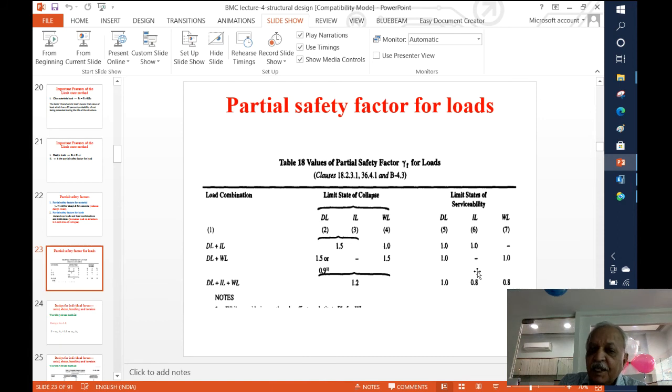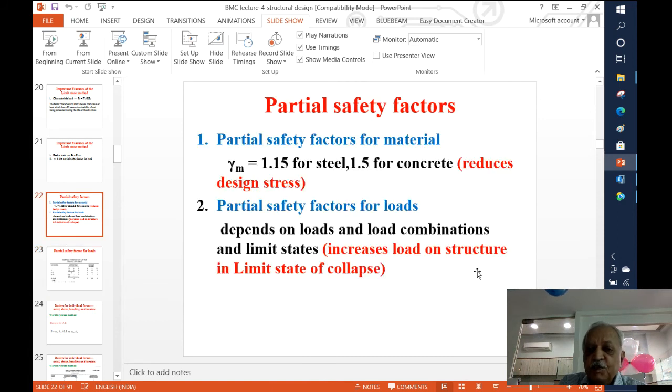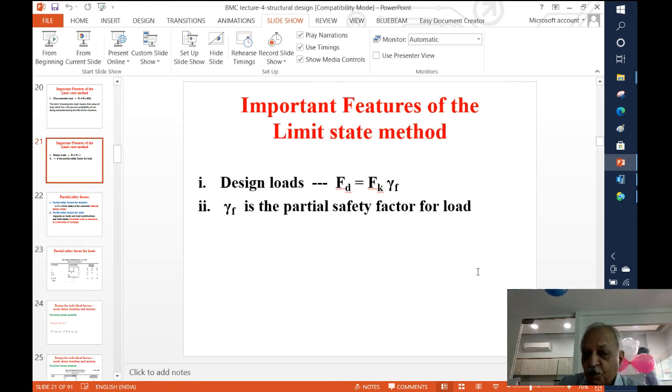So we have got partial safety factor for load which we use for increasing the load. Over here your design load is characteristic load multiplied by the partial safety factor, while there for material we reduce it by that factor.